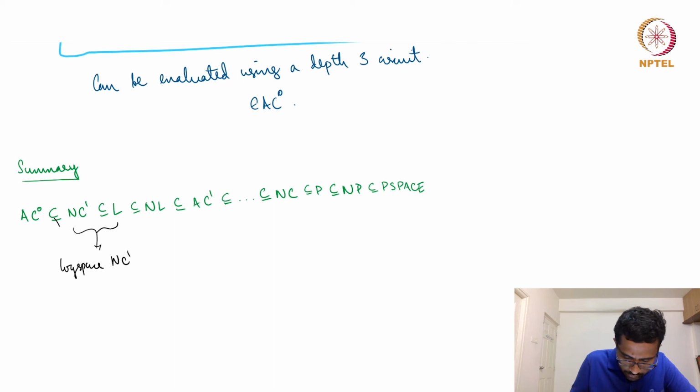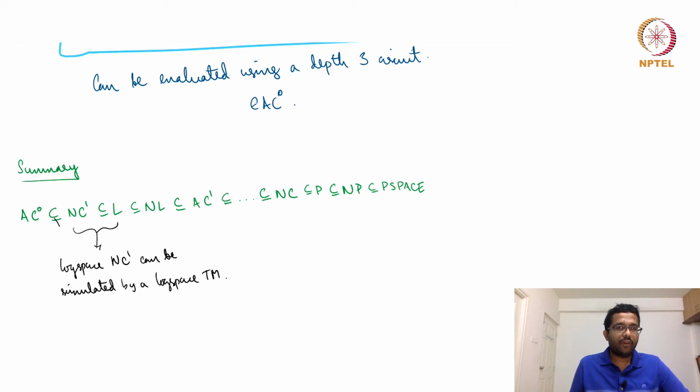NC1 can be simulated by a log space TM. This is because the generation part can be taken by a log space Turing machine, because the generation is in log space, and then the circuit evaluation, once you generate it, even that can be taken care of by a log space Turing machine.